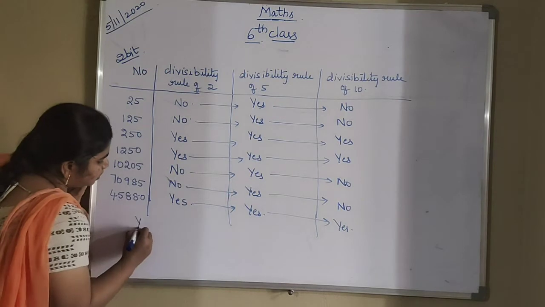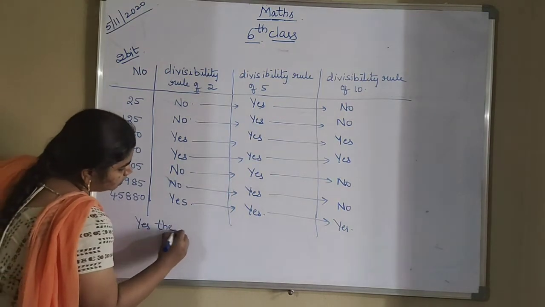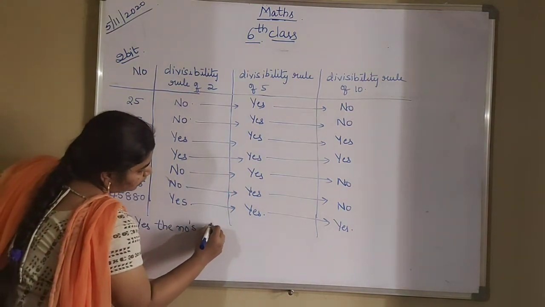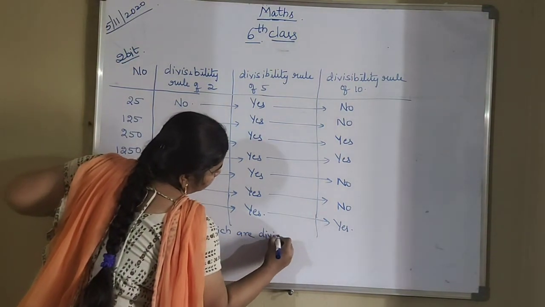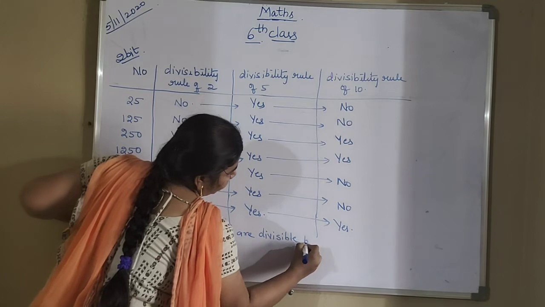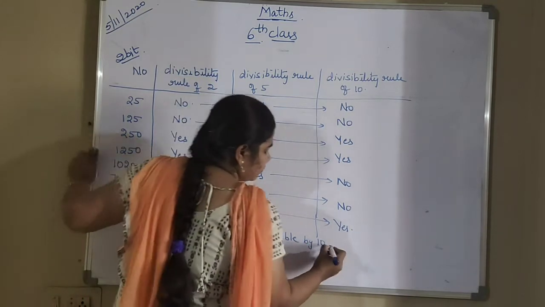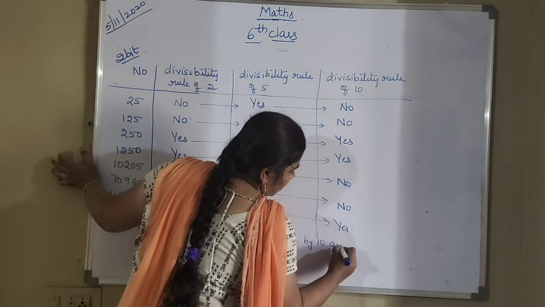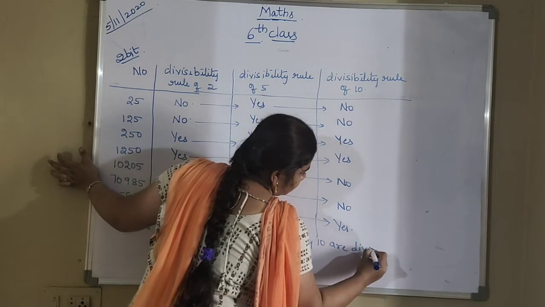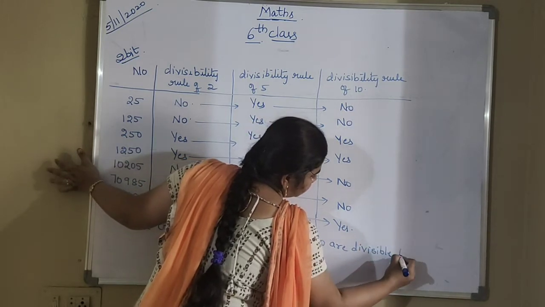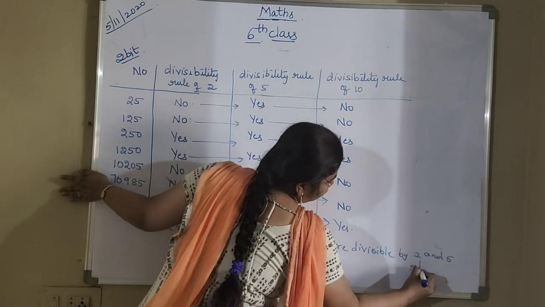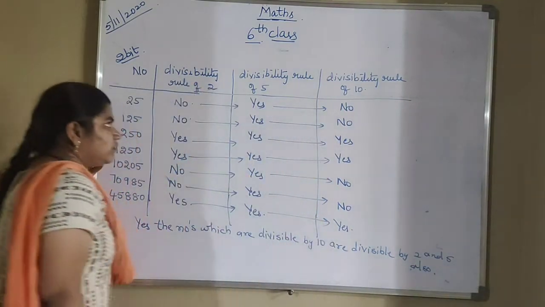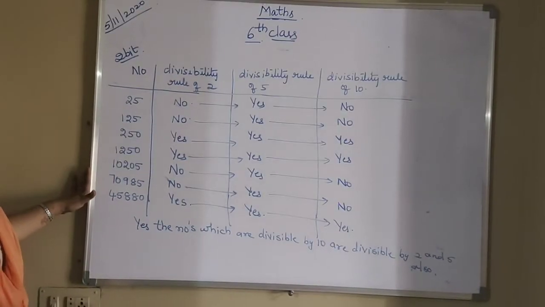So yes, the numbers which are divisible by 10 are divisible by 2 and 5 also. So this is our second bit solution.